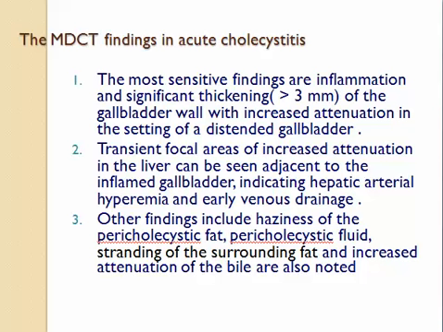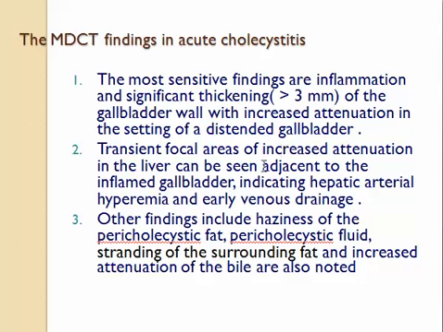In acute cholecystitis, the most sensitive findings are inflammation and significant thickening of the wall more than 3 mm, with increased attenuation in the setting of a distended gallbladder. So you have distended gallbladder and you have thickened wall.